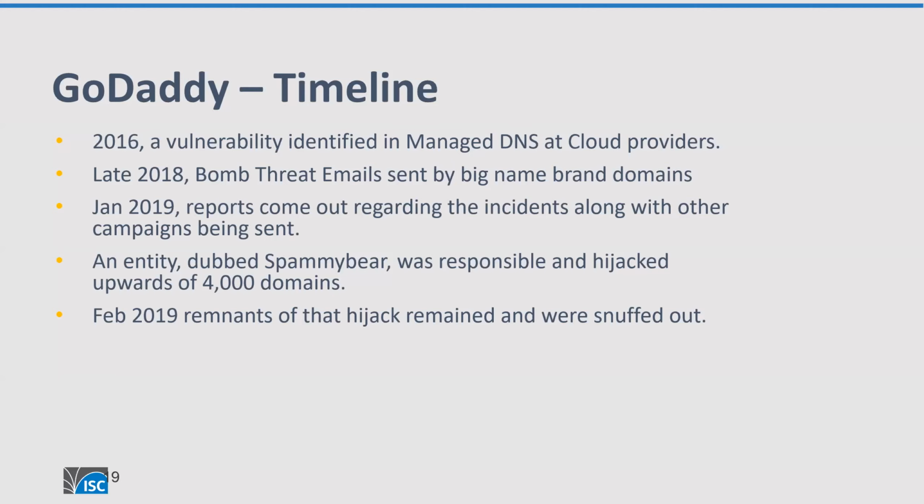So fast forward to late 2018, there were a bunch of big name, legitimate brands, like Expedia, that were sending out these bomb threat emails, and there was a high delivery rate for them. Not a lot was getting rejected, and it went back to the positive reputation and legitimacy of the domains that made these get delivered.